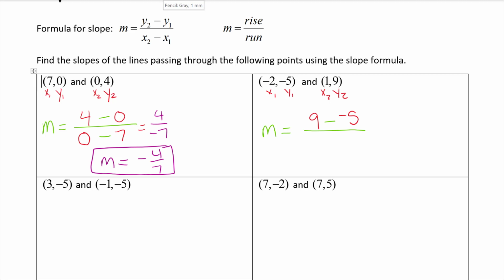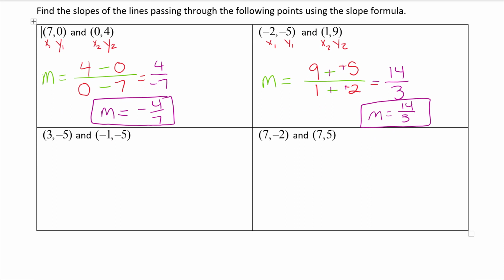In the denominator, I have x2, which is 1, minus from the formula, that's the green minus, x1, which happens to be negative 2. Make sure you go nice and slow and that you're pulling in the values correctly. Now I can subtract minus and negative, that really is add a line, change the sign, so that's 14. Add a line, change the sign in the bottom as well, and that gets me 3. So my slope is 14/3. Remember, we like fractions for slopes.